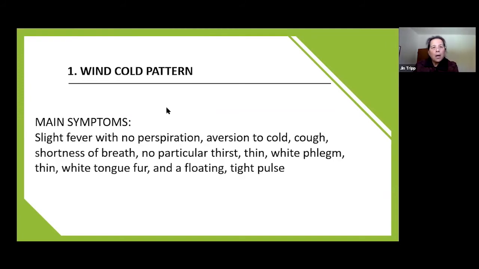Then we talk about the wind cold pattern. There is slight fever and aversion to cold, the external pattern EPI. Generally in the wind cold pattern there is no sweating. The patient has cough and short breath, but the cold inside does not make the patient thirsty.